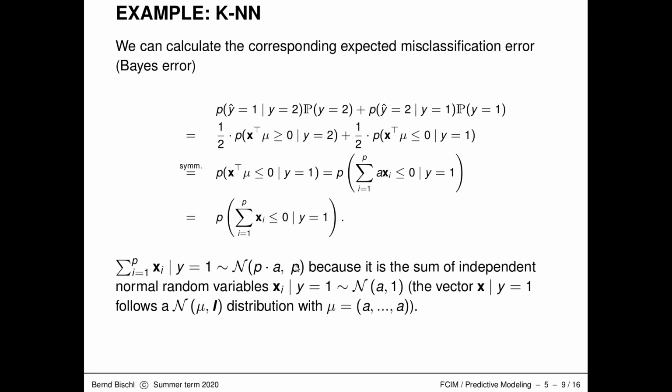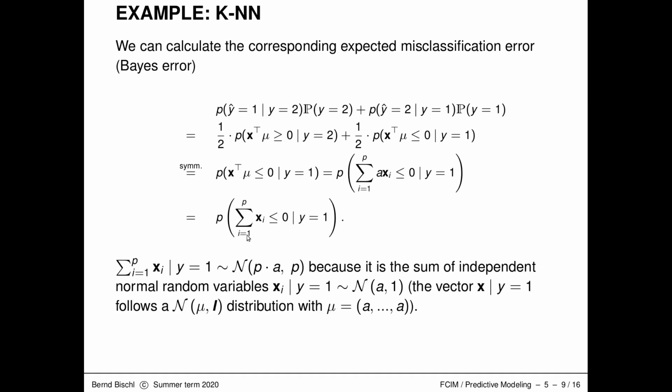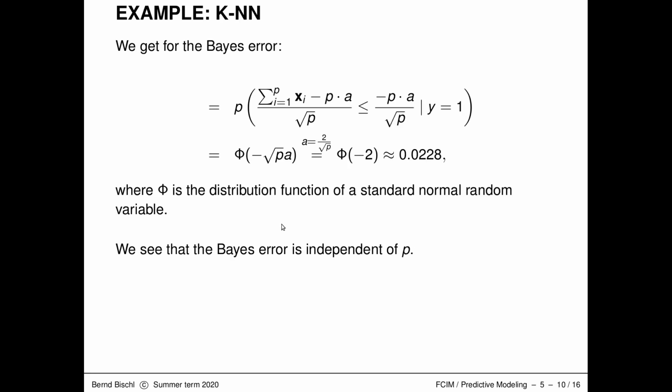And because of this, this formula here is now a very simple calculation based on a univariate normal with this configuration. So from this, you can easily calculate what the Bayes error is, so how likely this is, depending on this specific setting of a.